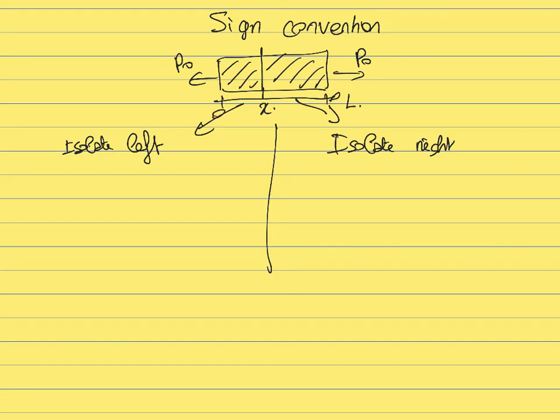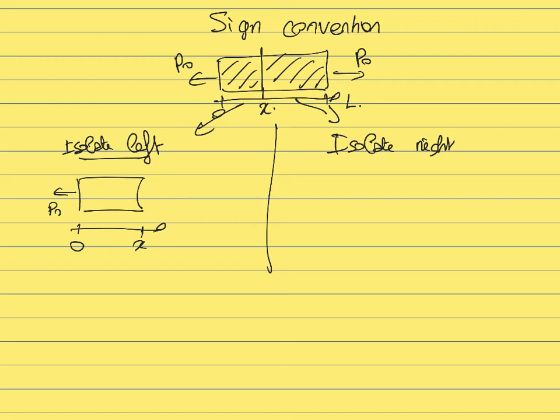So if we isolate the left, let's assume that we have a beam that goes between 0 and L like this. The part that we will be isolating is the part of the beam between 0 and the point X at which we decided to cut the beam. Now, what are the external loads? We have the load P naught applied at X equals 0.